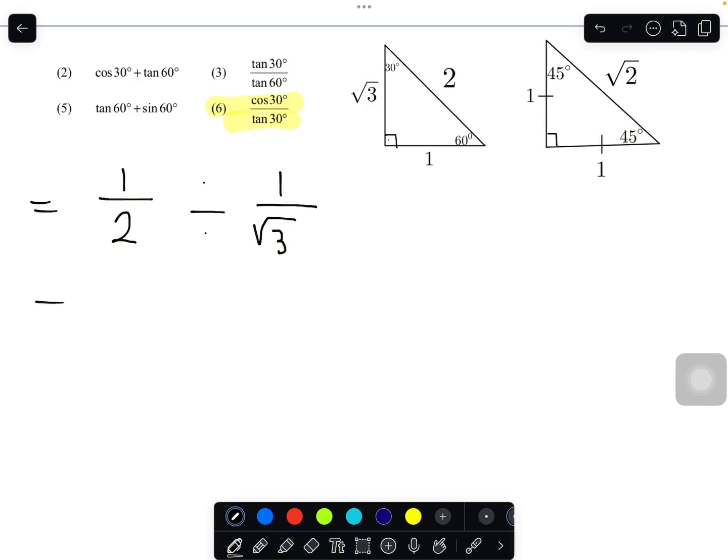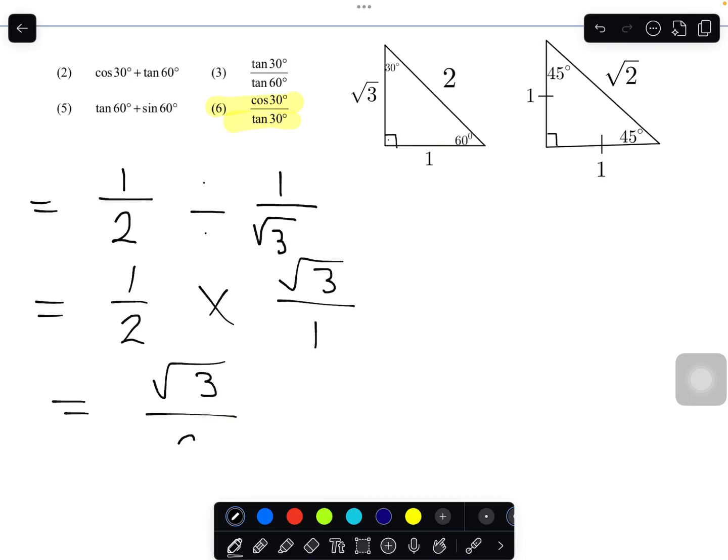And then now I'm going to apply my reciprocal, and I can make this a multiplication. I have root 3 over 1, and then that's just going to give me root 3 over 2.